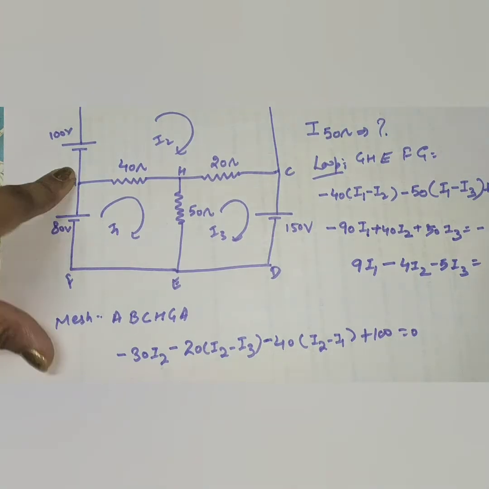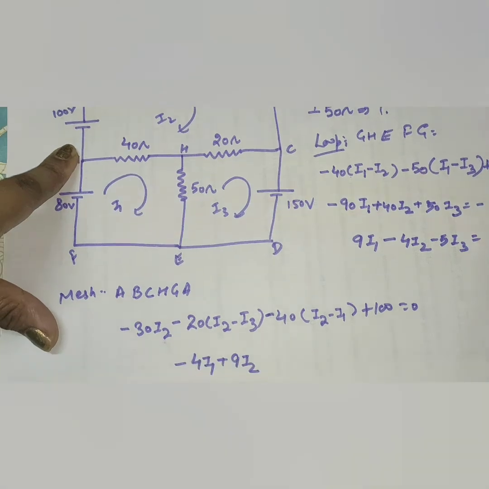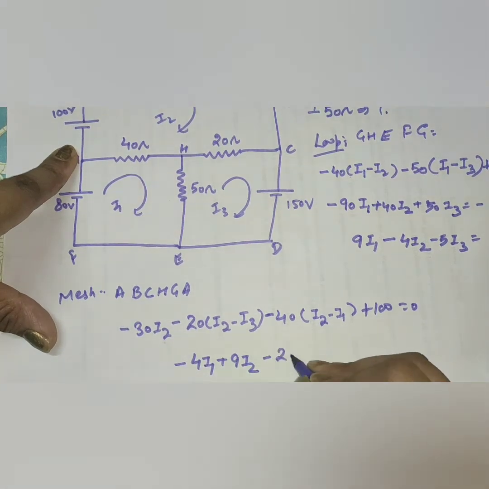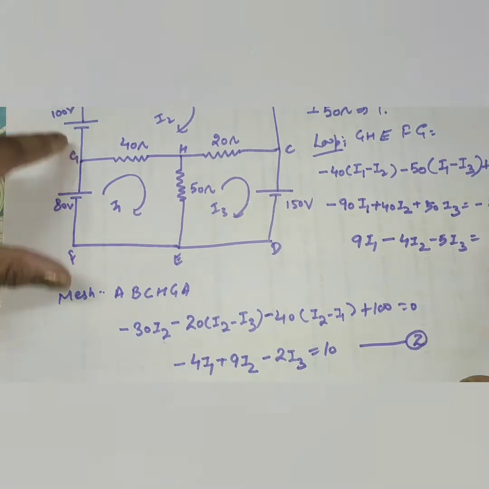If we solve this equation, we get 4 I1 plus 9 I2 minus 2 I3 equal to 10. That will be equation 2.